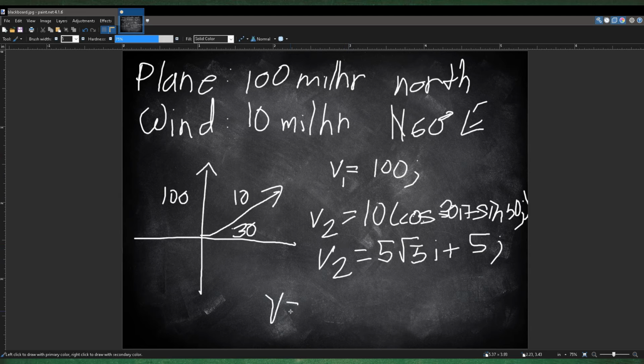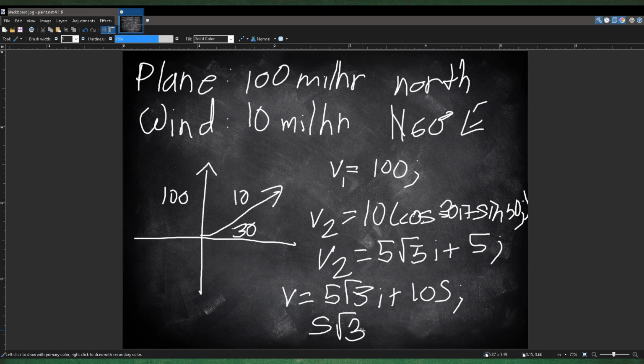So to add vector 1 and vector 2, the overall vector is equal to 5 square root 3 i plus 105j. So the speed that the plane is going in the horizontal direction is 5 square root 3 miles per hour, and the speed in the vertical direction is 105 miles per hour.